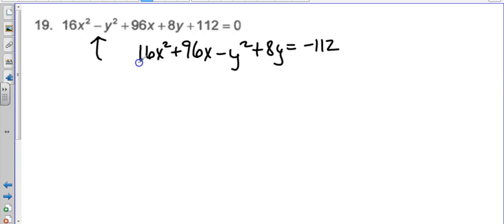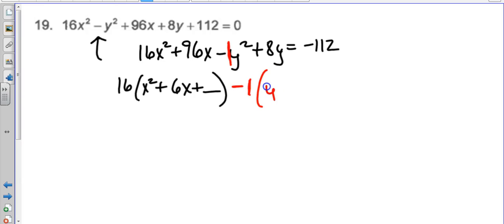All right, now, what do I have to do here? Okay, factor out 16, which will leave me x squared plus 6x plus blank. But here, even though there's not a coefficient shown, I have to have a positive 1 when I go to complete the square, so I need to factor out a negative 1, which will make this y squared what?